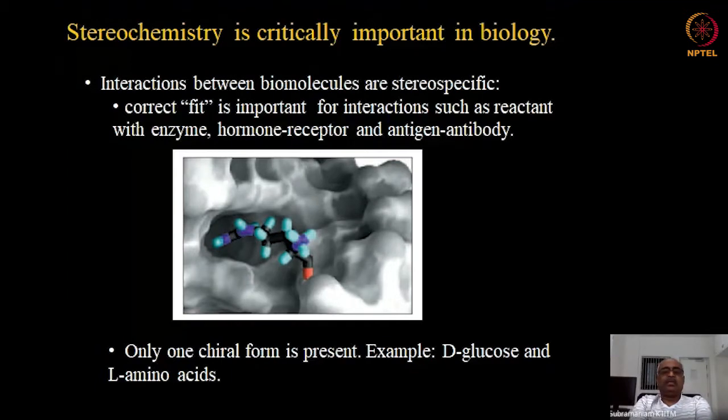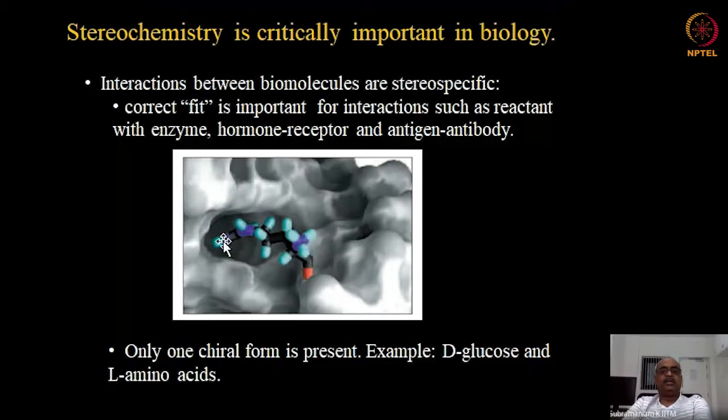Exactly similar logic works with molecules in biology, where oftentimes you have a ligand binding to a specific pocket on a receptor. So the receptor's shape determines which ligand, or which specific configuration of a molecule, can be a ligand for it, while the other configuration of the same molecule will not be a ligand for it.